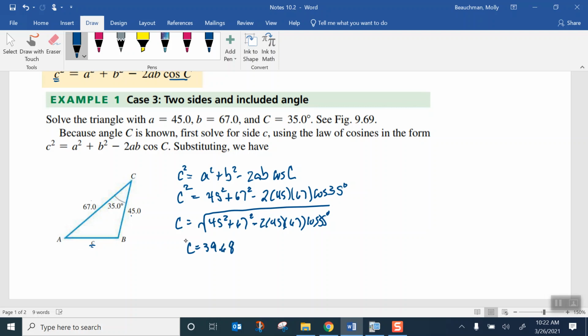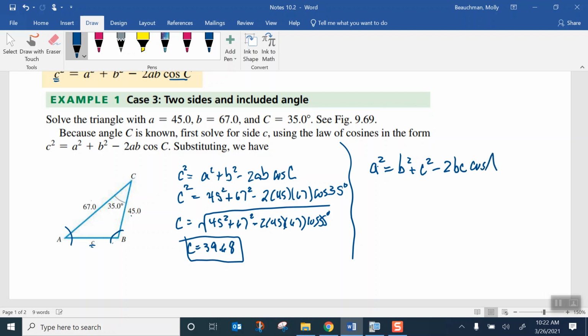So now that I've got c, solving the triangle means now I can find either angle A or angle B. So you can use the law of cosines again. If you want to find angle A, then use the iteration of the law of cosines that starts with a squared equals b squared plus c squared minus 2 times b times c times the cosine of angle A. Since we're trying to find the cosine, you could set up your formula.